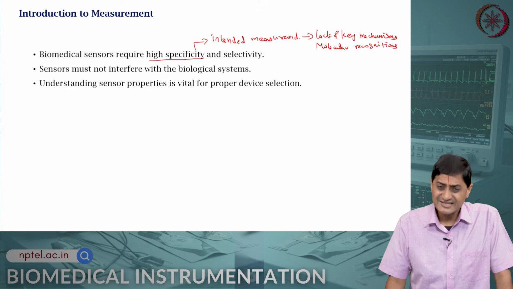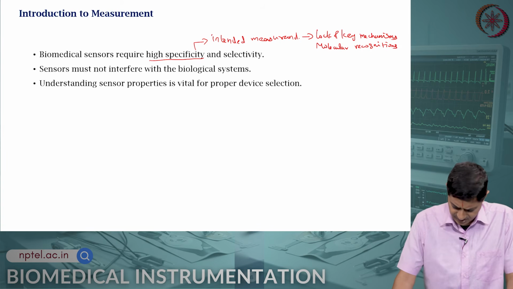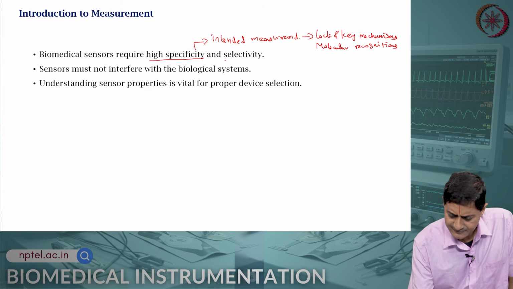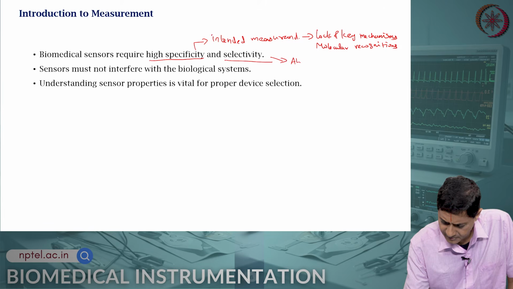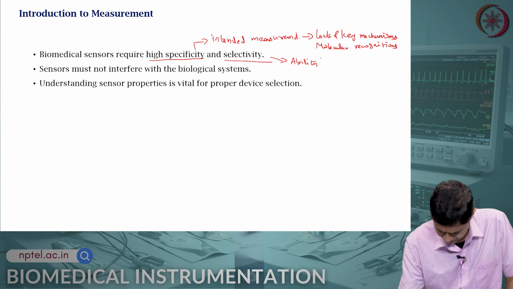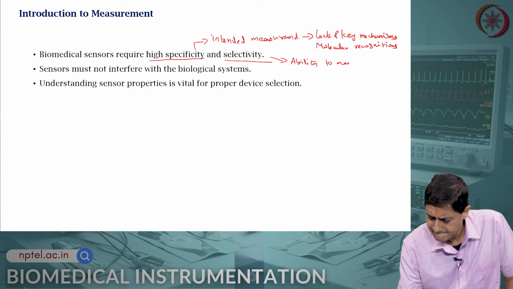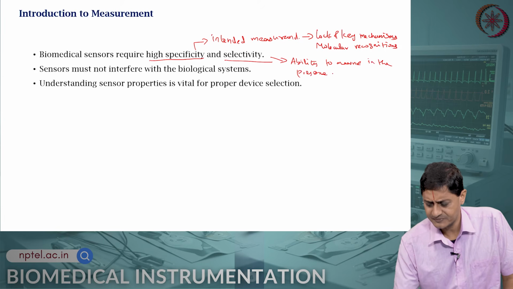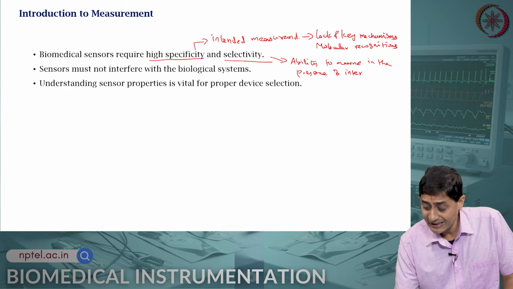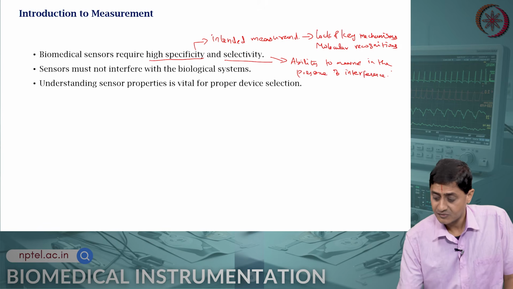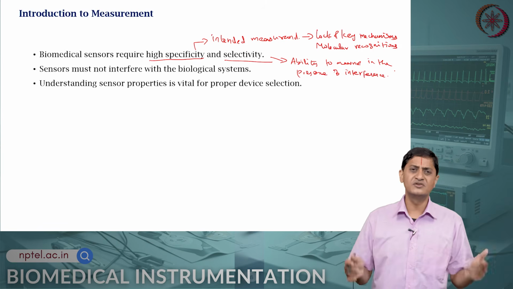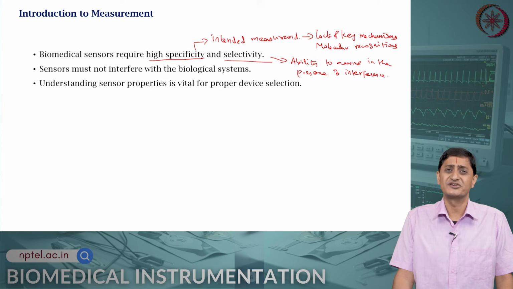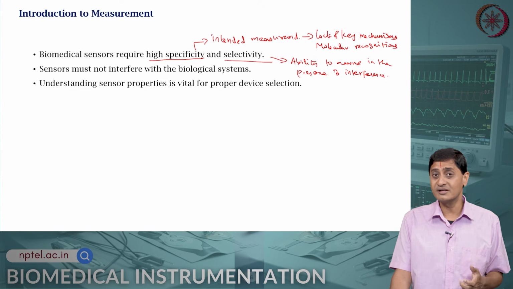Then you have selectivity. What is selectivity? This is the ability to measure in the presence of interference. There will be interference. Then you might say, oh, just reduce the interference. No, it is not that easy to reduce interference. There will be interference. It is your ability to record in the presence of interference.